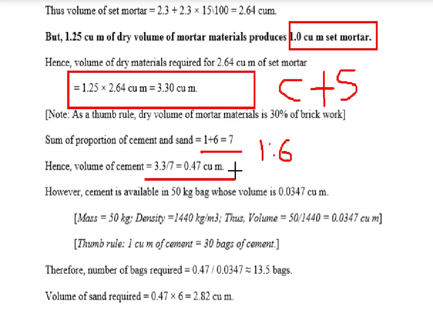Clear? After that, one bag of cement contains 50 kg, whose volume is 0.0347. From where do we calculate this volume? Look at this.